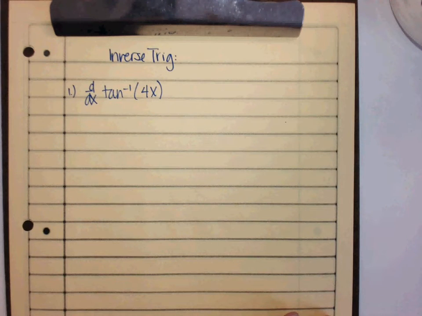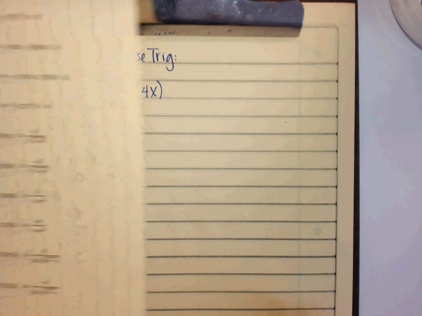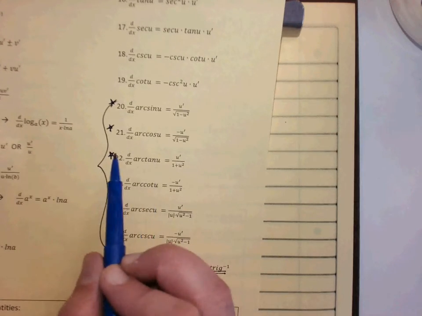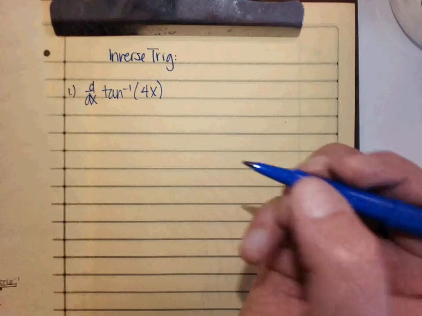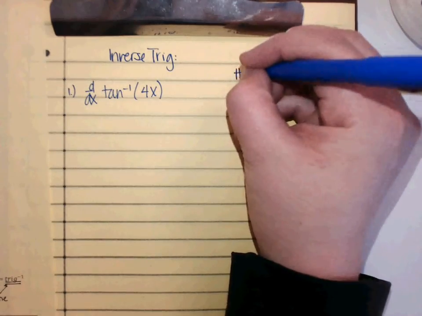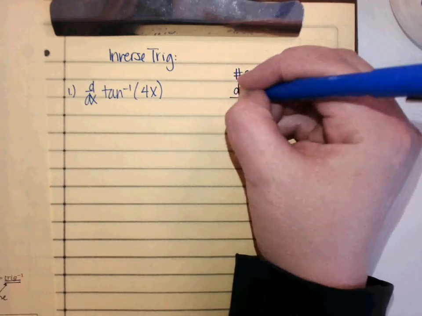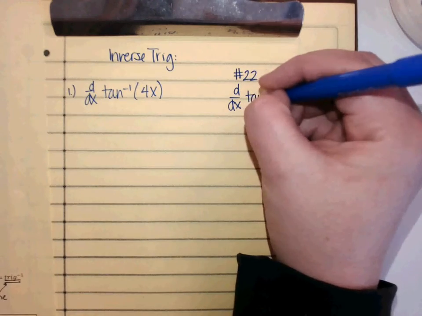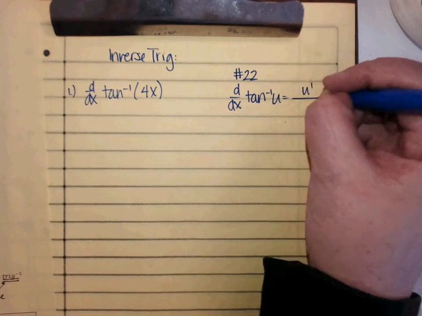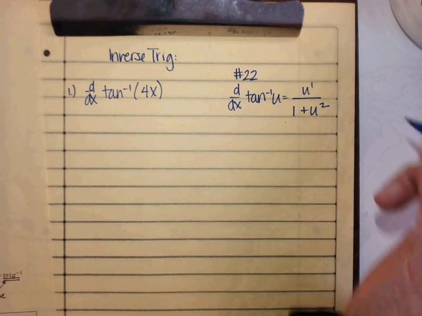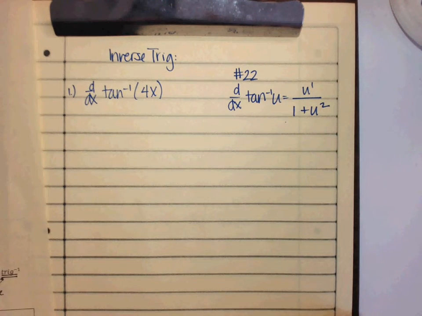So if you have your sheet, what rule is inverse tan? Number 22. So I'm going to put number 22, d dx inverse tan u is u prime over 1 plus u squared. Okay, these are easy. You just have to know what your u is, what your u prime is.